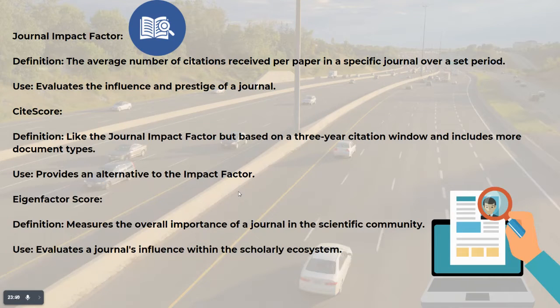Let's say in one year, our journal has 1,000 papers, and for those 1,000 papers we got 10,000 citations. So I divide the total number of citations by the total number of papers, and then I can understand the journal impact factor.